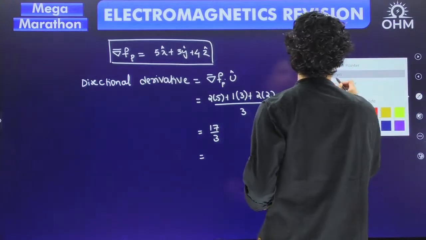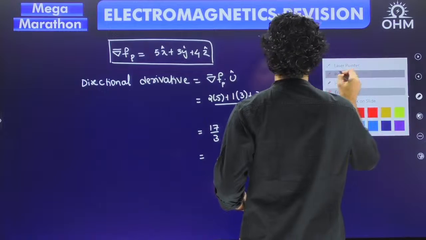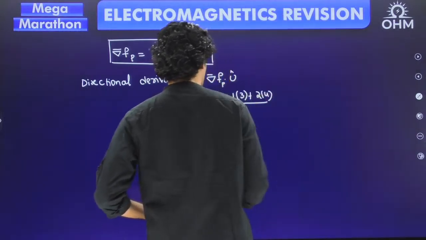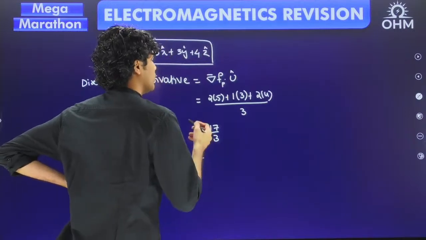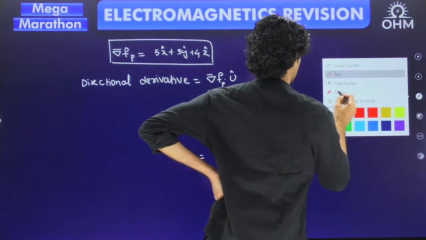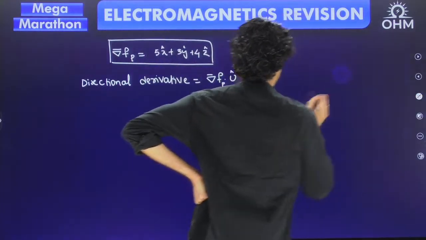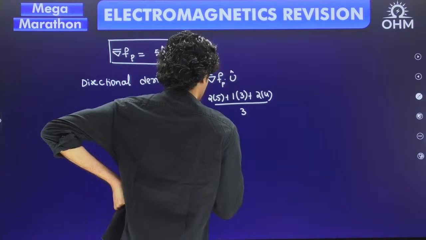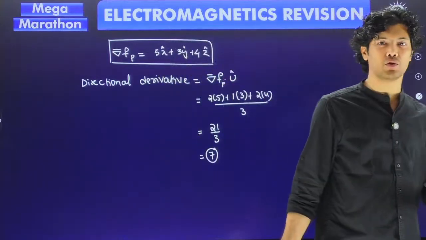I'm sorry, this should be 2 into 4. So 10 plus 3 is 13, 13 plus 8 is 21. So this is now 21 by 3. The answer is 7.